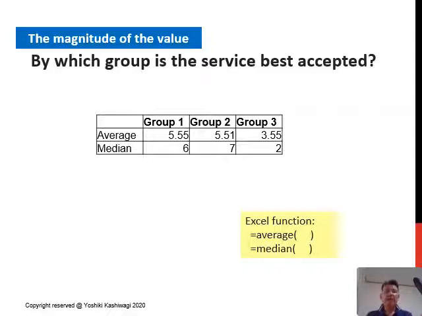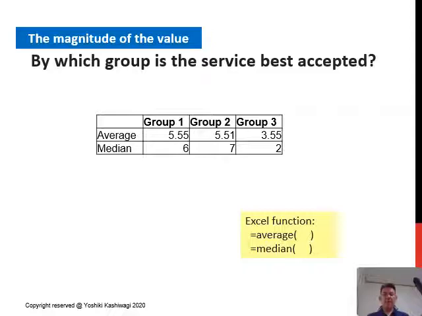Let's go back to the result of the calculation. Here is a summary of each index, average and median. What can you say from this? Or in other words, which one is the best performance in terms of the customer satisfaction? How are you going to report to your boss about these groups' reaction or evaluation?